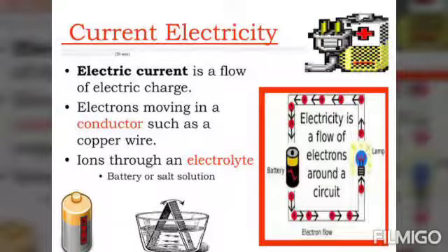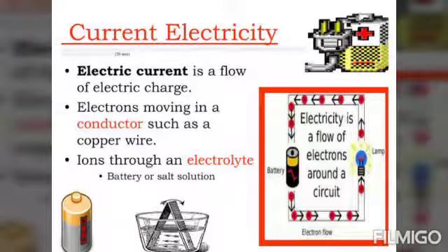So when these electrons flow in the electrical conductor, we get electricity. We get current electricity when the electrons in the electrical conductor are made to flow.